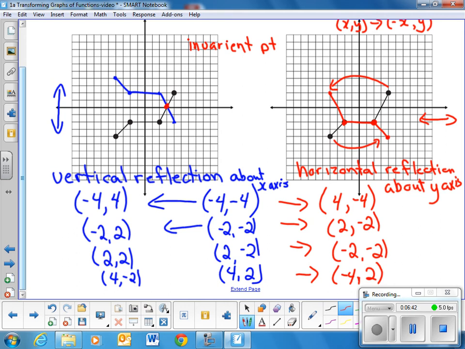Because it was being reflected about the x-axis, any points that are on the x-axis won't move. So that invariant point is the point 3 and 0. On our second graph, the only point that didn't change is the point that actually lies on the y-axis. We have several points that are in common, but that's the only one that doesn't move. That invariant point is the point 0 and negative 2.